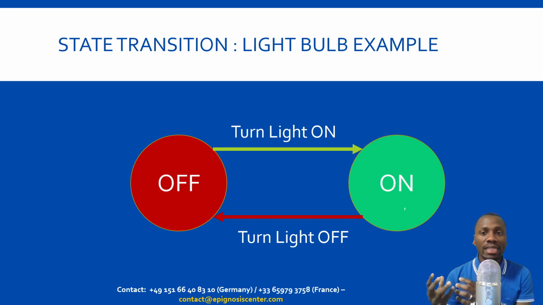This is the normal state. And when you turn the light off, it will transition again from the state on to the state off.